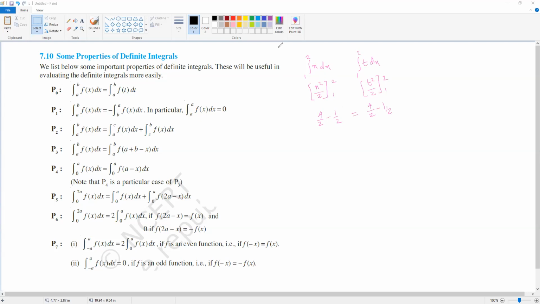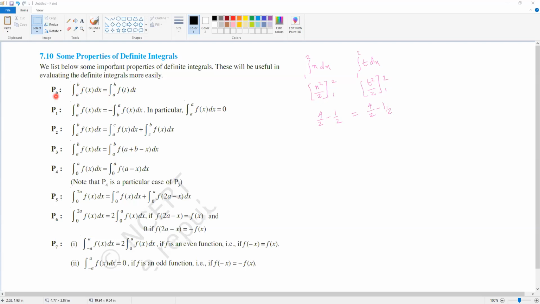That means you can change the variable; the limit we are not changing. It is a to b, f of x dx or f of t dt, it will be the same. Integral a to b f of x dx is equal to integral a to b f of t dt. That is the first property.